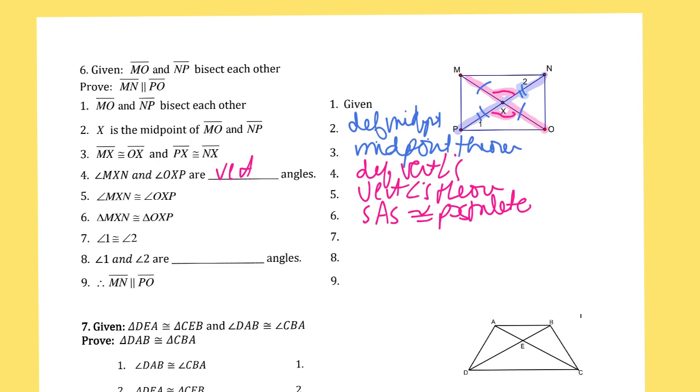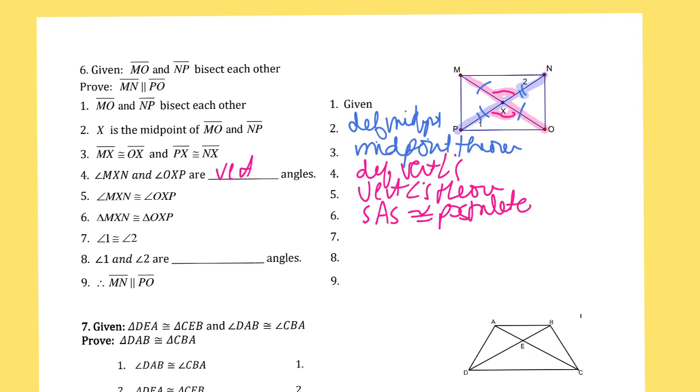Okay, so here we go. We need some alternate interior angles. There are several options, but they're asking us to do angle 1 and 2, so we're going to follow their lead.